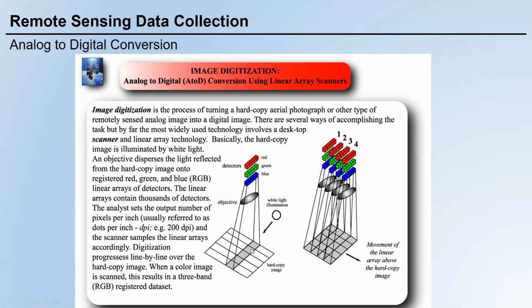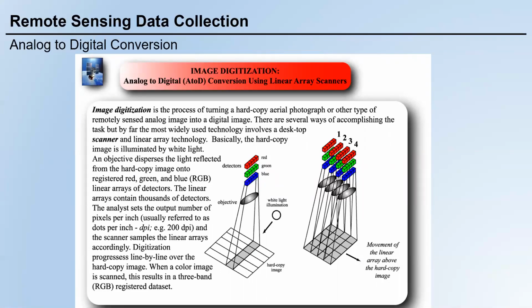Here we have an analog photo on the desk, and you usually use white light to illuminate this photo. And then you use an objective to disperse the white light reflected from the hard copy image onto registered RGB sensors, which means you divide the white light, because white light is usually considered as a combination of all types of visible light.